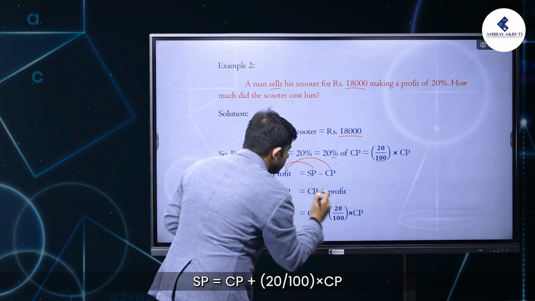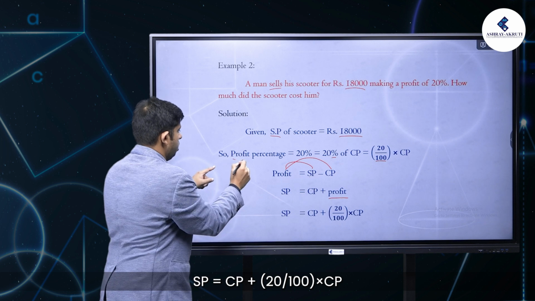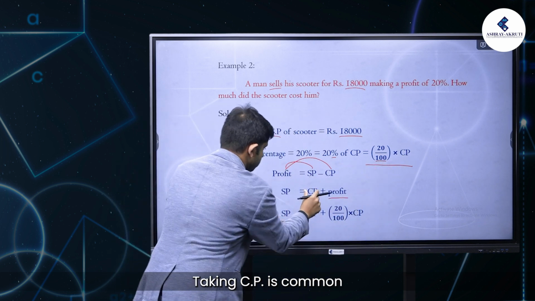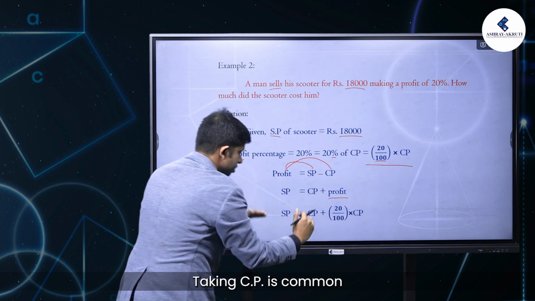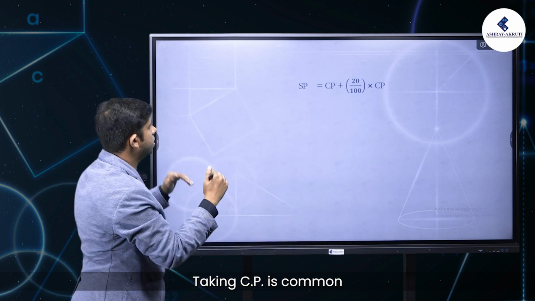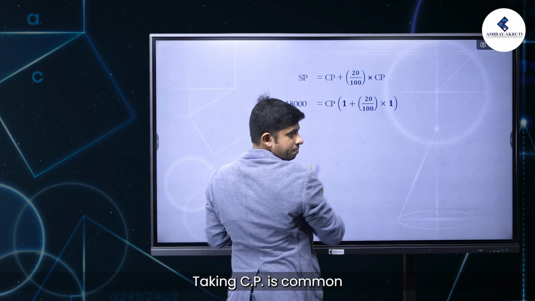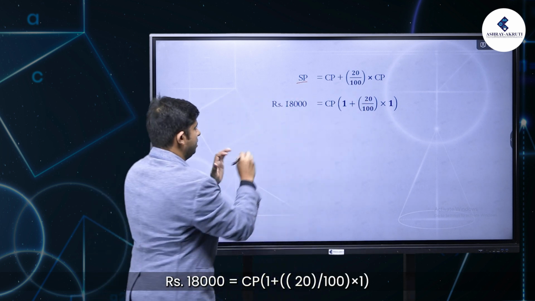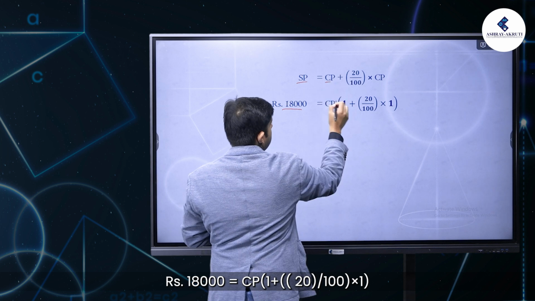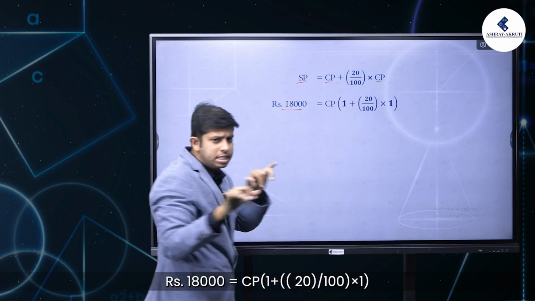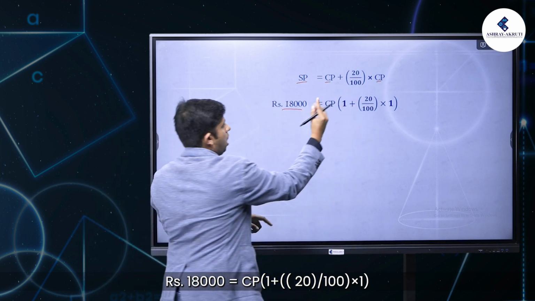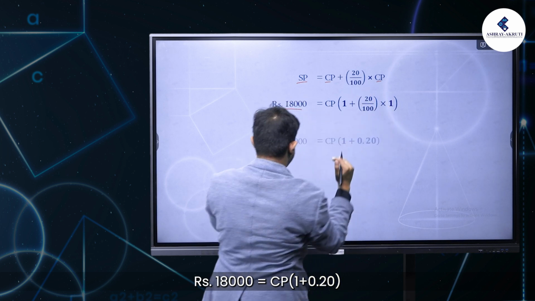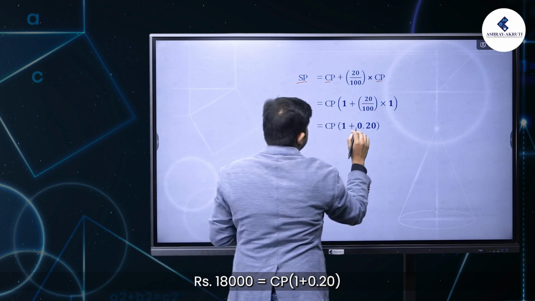Selling price equals cost price plus 20 by 100 into cost price. Taking cost price common, Rs 18,000 equals CP of 1 plus 20 by 100 into 1. Rs 18,000 equals CP of 1 plus 0.20.